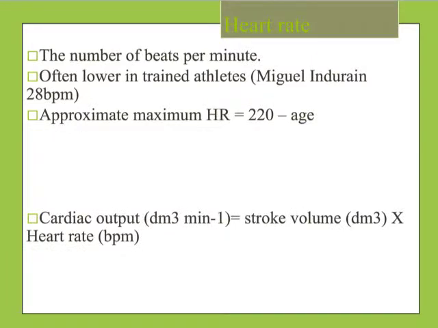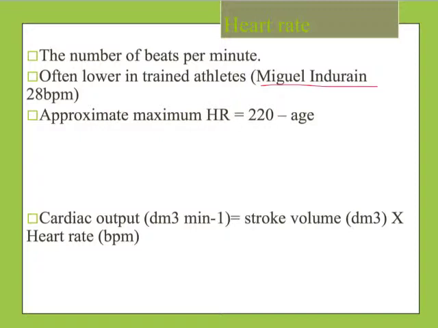Okay, heart rate. Well, we've done heart rate before, I'm sure. It's based on the number of beats per minute. It's usually lower the fitter you are, so trained athletes tend to have a much lower resting heart rate than untrained people. Miguel Indurain was quite a famous winner of the Tour de France. His resting heart rate was 28 beats a minute. That's less than a beat every 2 seconds, which is crazy.